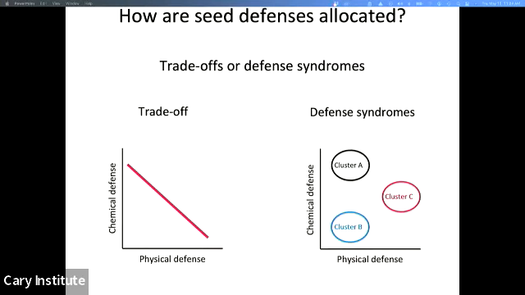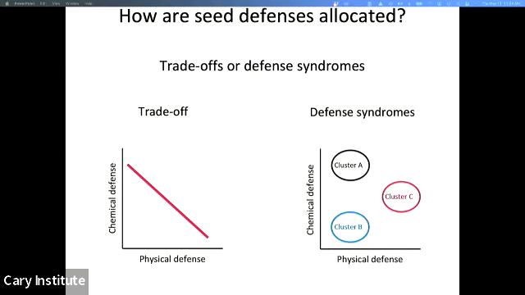But we can also have this scenario in which we have defense syndromes, in which life history of those species will tend to cluster together. And so we have groups of species that tend to defend themselves in similar ways using similar strategies. And so we will have clusters of species defending themselves in similar ways, right?